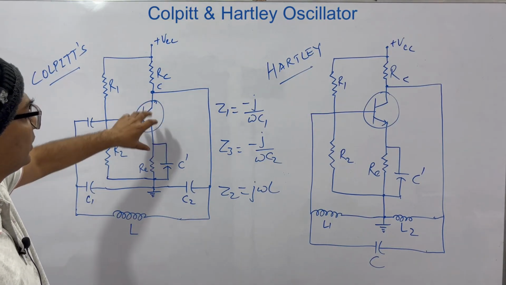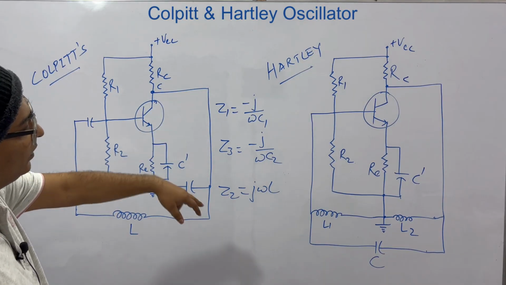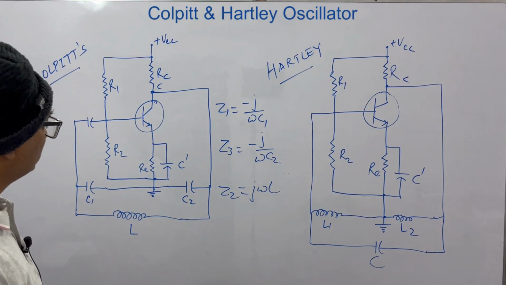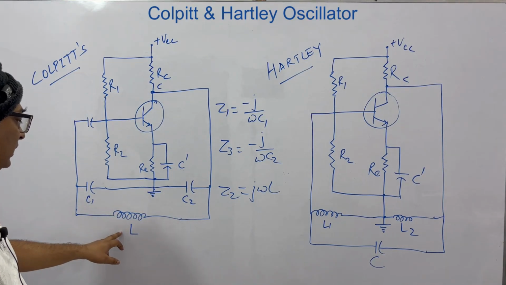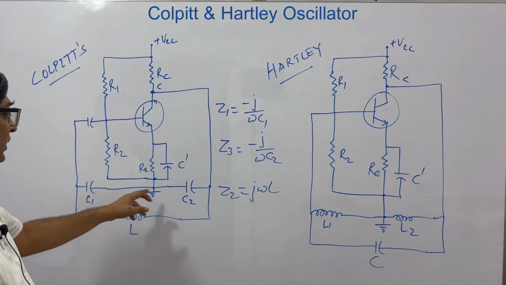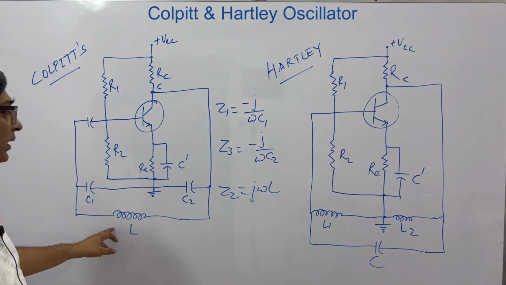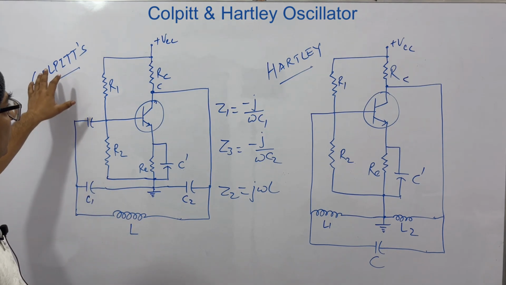AV is from this only. So you will get all the values, you will get the value of omega also. So this type of circuit where you have two capacitors here and one inductor here, that is, Z1, Z3 are capacitors and Z2 is an inductor, is called the Colpitts circuit.